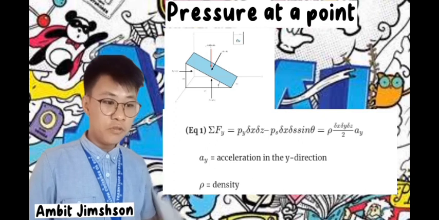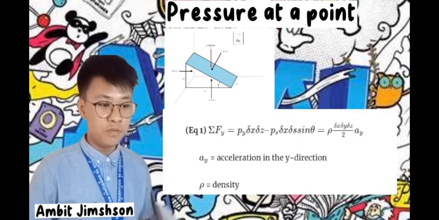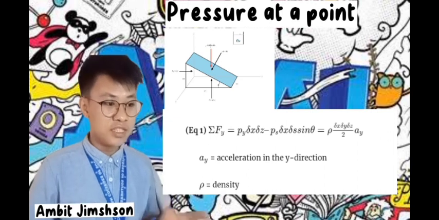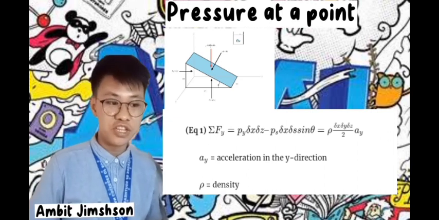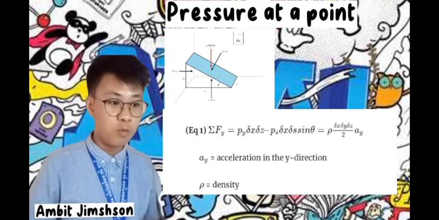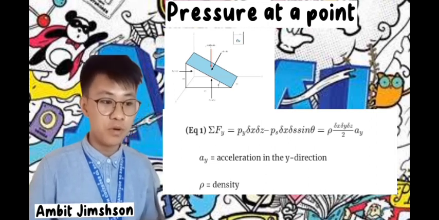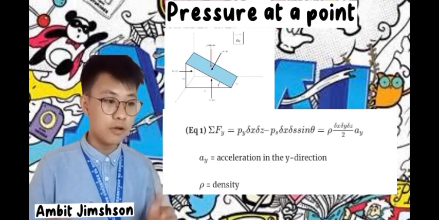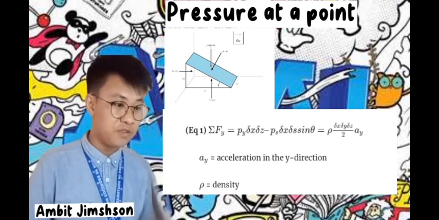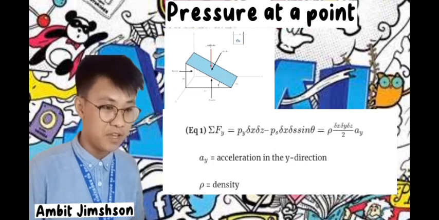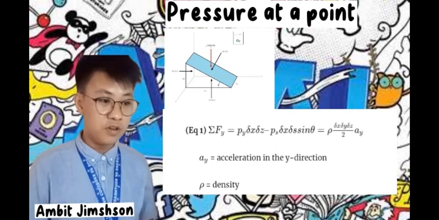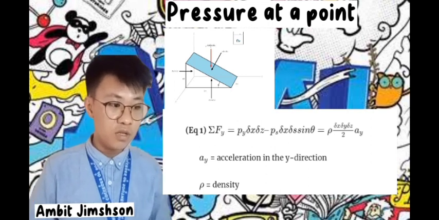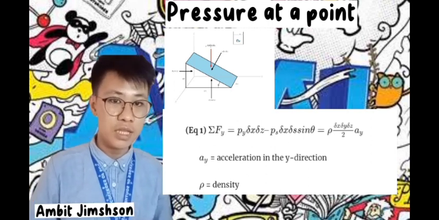Now, equation 1 is the force equilibrium equation in the y direction. It states that the sum of the forces in the y direction, or sigma Fy, is equal to the pressure force, or Py, acting on the surface, minus the shear force, Ps, acting on the surface, multiplied by the sin of the angle between the shear force and the normal to the surface, sin theta.